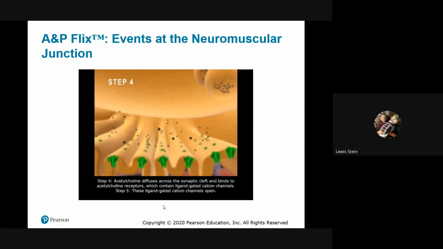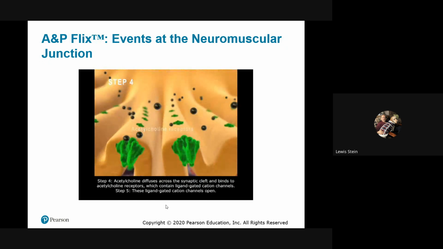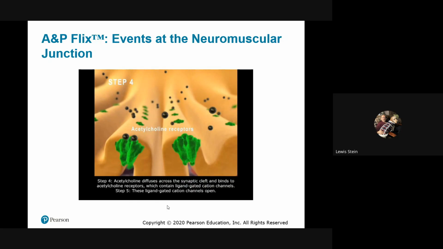So here it is flooding this area. And there's just thousands and millions, actually millions, if you wanted to be technical about it, given how small these little receptors are. They receive the acetylcholine, and since it's a chemical, they're called chemical gated or ligand, which is the role of the chemical. Either term works. Channels.